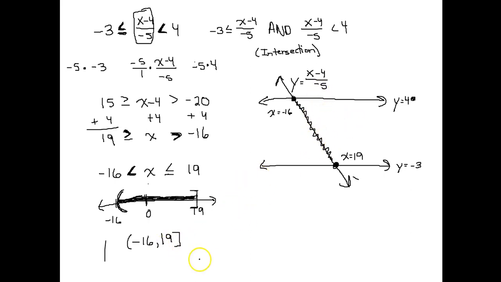Since it's less than or equal to for where it intersects y equals negative 3, the 19 gets the bracket, and since it's less than for where it intersects y equals 4, negative 16 is going to get a parenthesis.